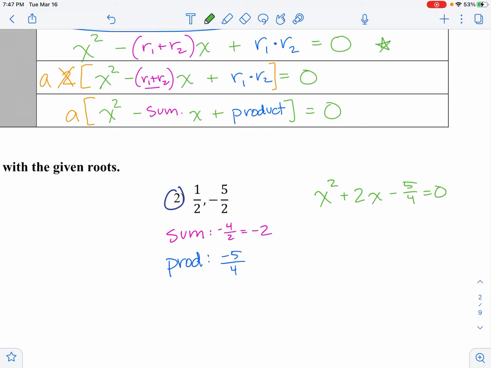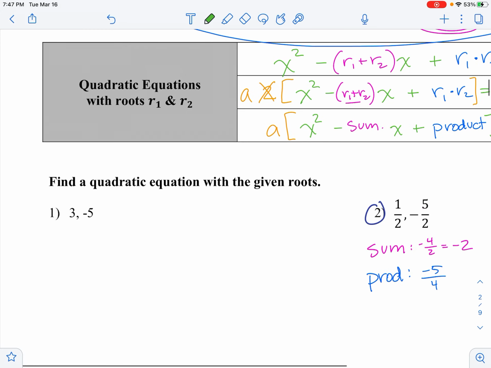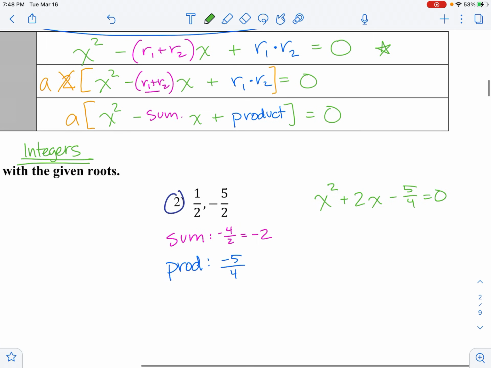That was my original, but one of the things that I did not yet mention is that these questions are not just going to say find a quadratic equation. They're going to say find a quadratic equation with integers, or I think the worksheet says integral roots. So no fractions. We are not allowed to have -5/4.